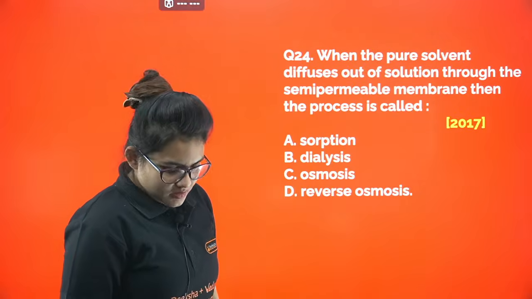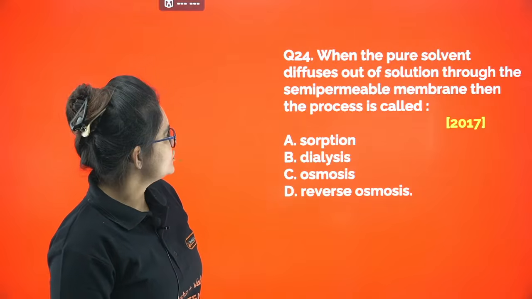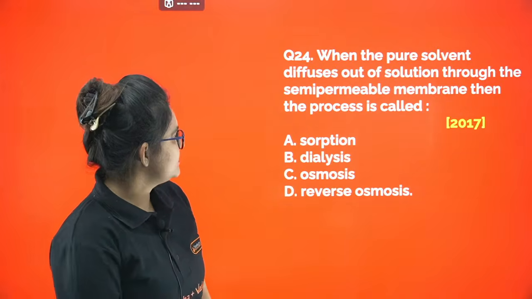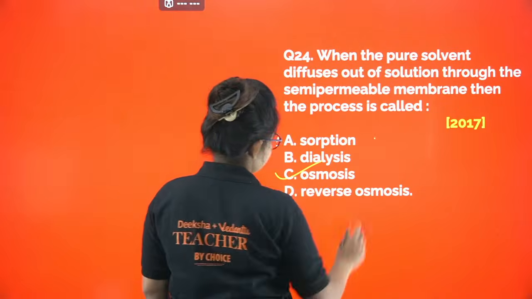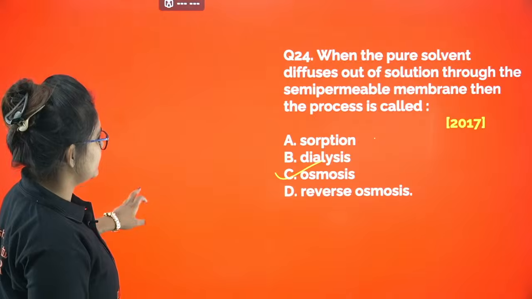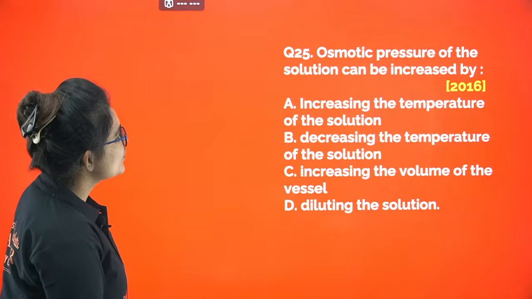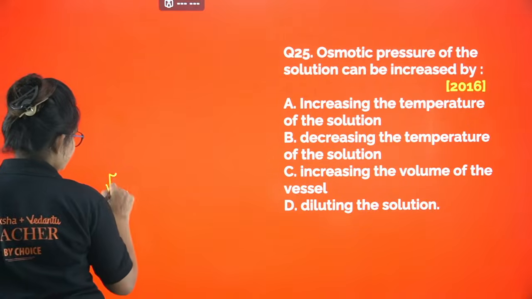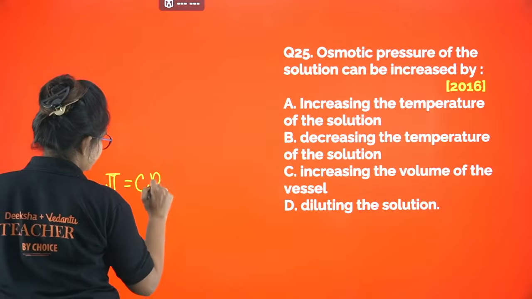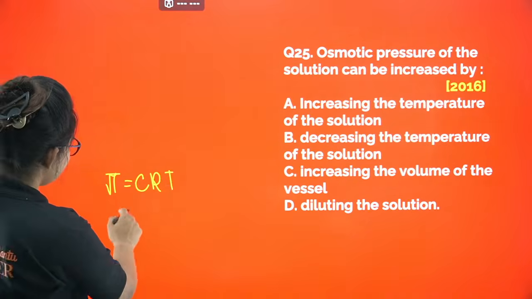When the pure solvent diffuses out of solution through the semi-permeable membrane, the process is called, it's very easy, basically osmosis. It's a very straightforward direct question. Osmotic pressure of a solution can be increased by, you can see pi equals CRT.